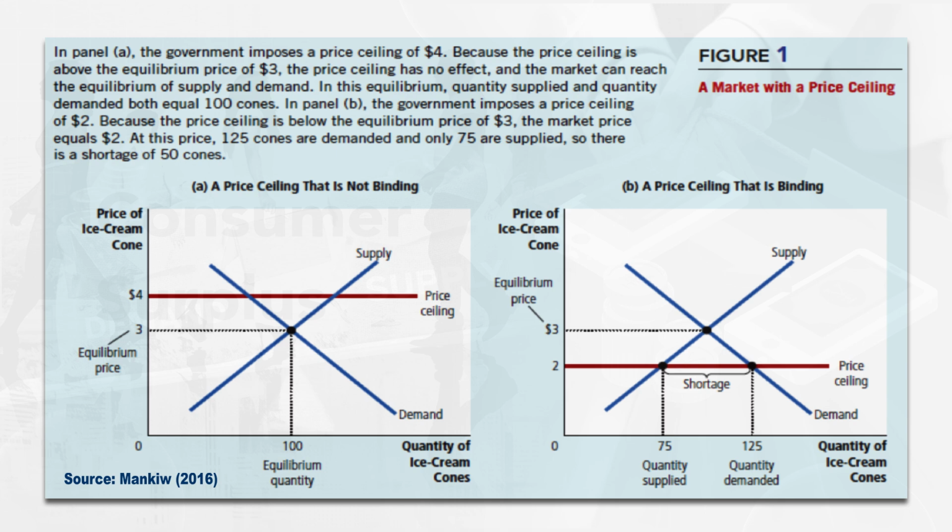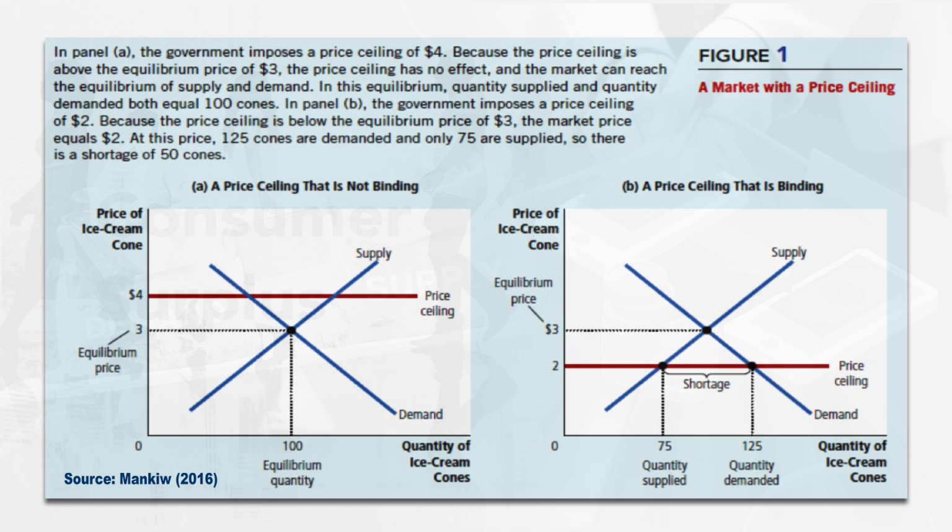Looking at panel B of figure 1, it illustrates a more significant scenario where the government enforces a price ceiling of $2 per ice cream cone. Since the equilibrium price is $3, which is higher than the ceiling, the price ceiling becomes a binding constraint, that is, now it will have an impact.